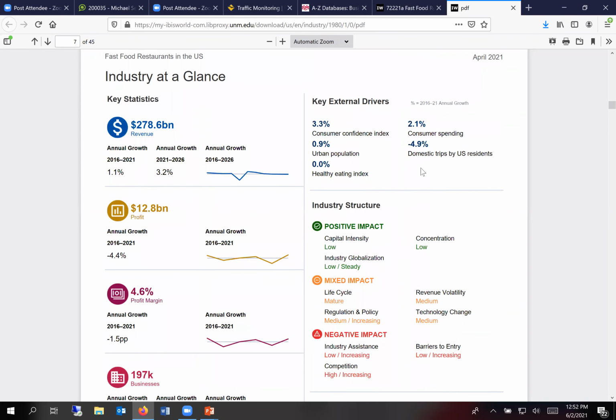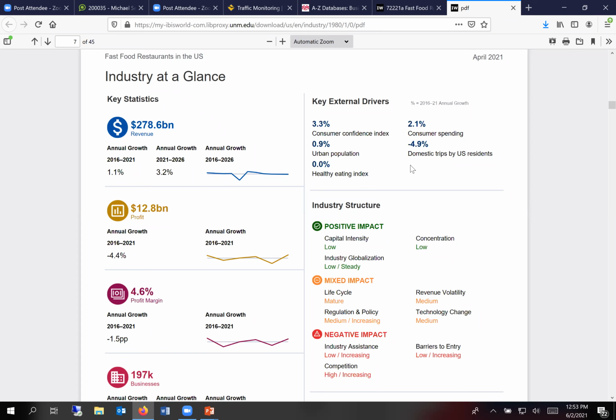It tells you which of the drivers are growing, declining, or staying the same. So it looks like the consumer confidence index is growing. It looks like the people in the United States have a better outlook on the economy over the next 5 years. Consumer spending is slated to grow 2.1%, and this is between 2016 and 2021. Urban population staying the same.